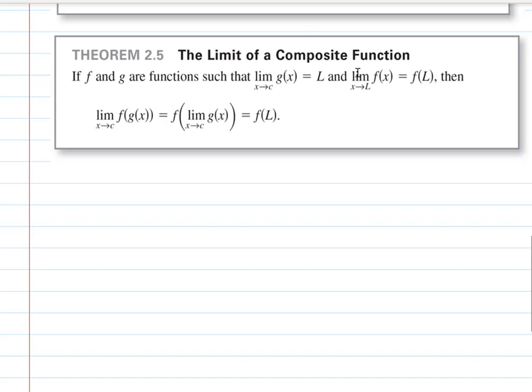And it's saying here, if that already exists, we can substitute that limit in there, so that becomes the input of f. If the limit of g of x as x goes to c is equal to L, as we stated here, again, this has to be given, or you have to already know that this exists to be able to apply this property. Then that's equal to the outer function f of L, that limit.